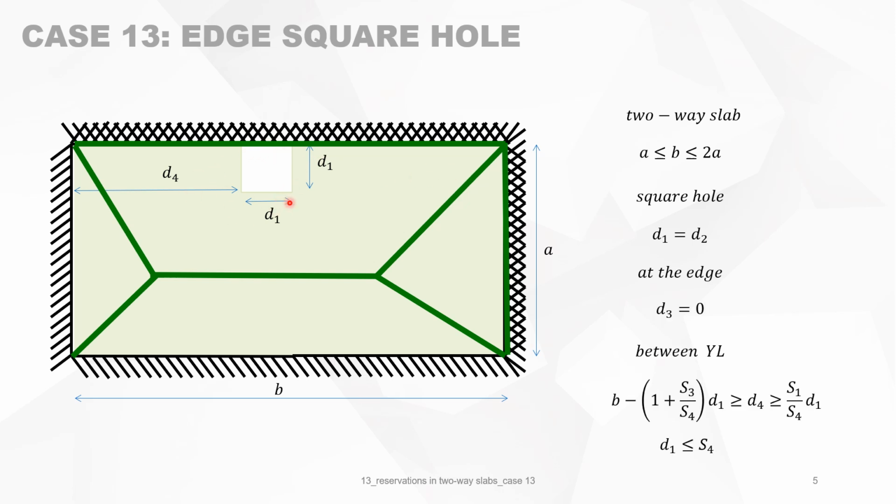And between the yield lines means that D4 must be between, of course, this portion here, which is S1 over S4 times D1, and at the other side, which is B minus D1 and minus this part here. So now we know that this edge square hole travels between the yield lines, not cutting them inwards.